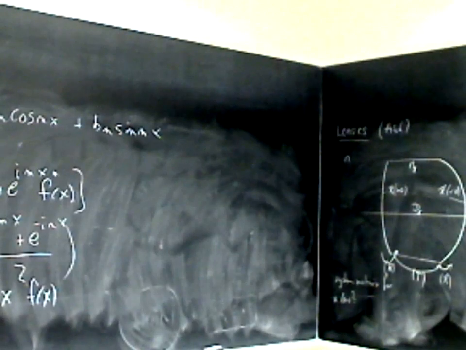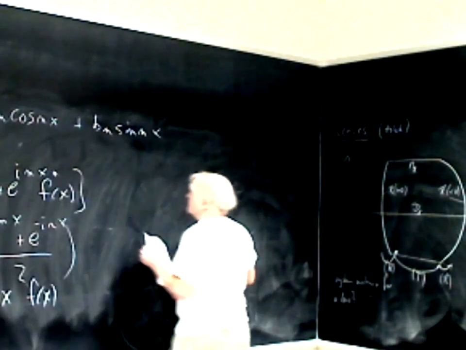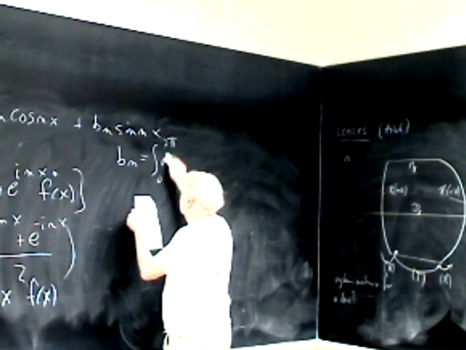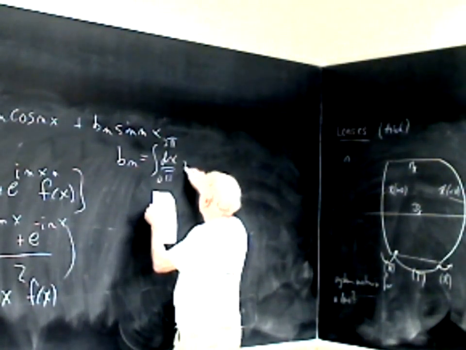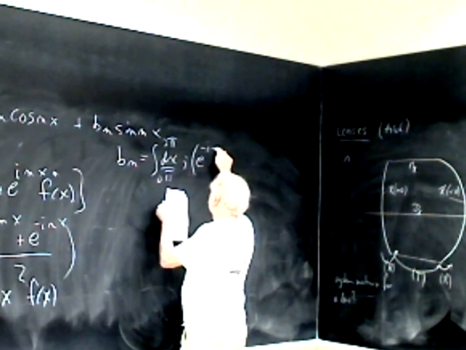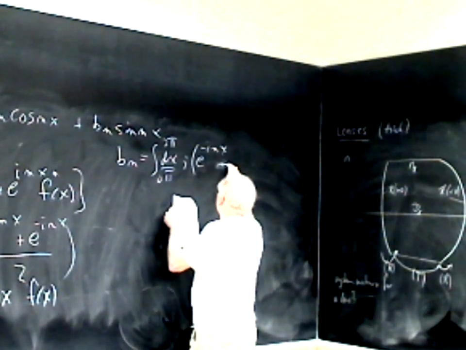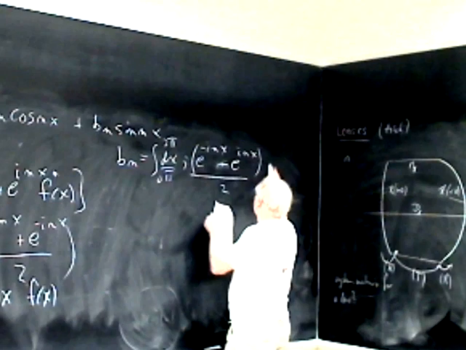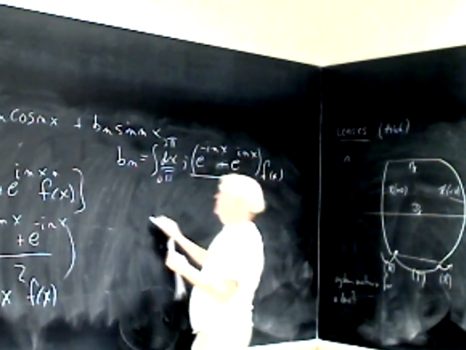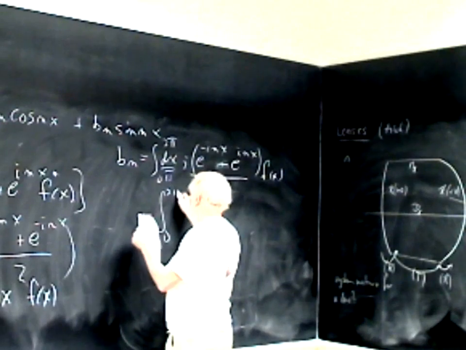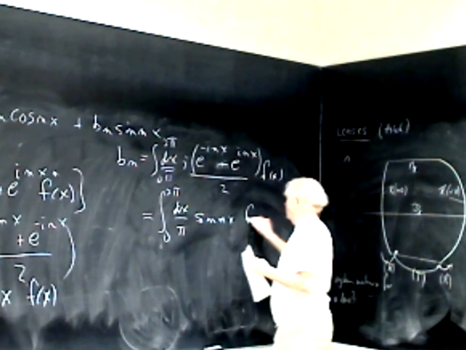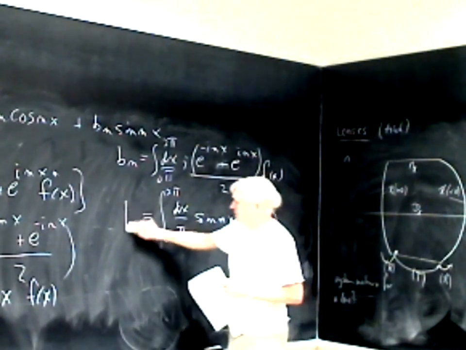Again, Bn is i Cn minus Cn star, and so that gives us Bn is equal to the integral 0 to 2 pi dx over pi, i times e to the minus i n x minus e to the i n x over 2 times f of x, and you can rewrite that as the integral 0 to 2 pi dx over pi sine nx times f of x. So that's our formula for B sub n.